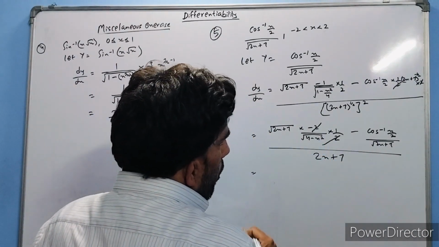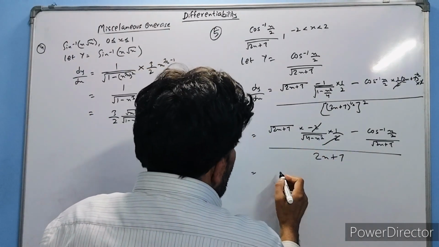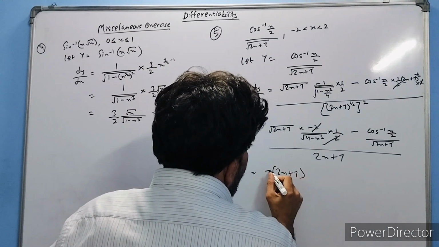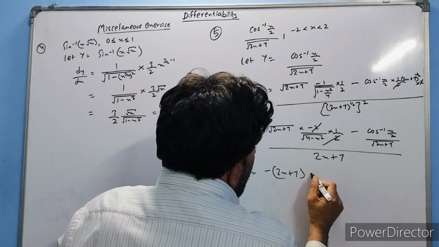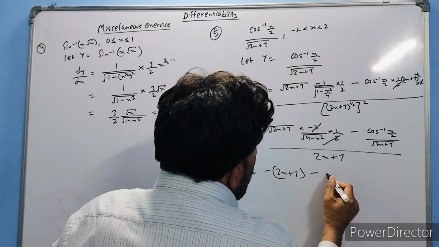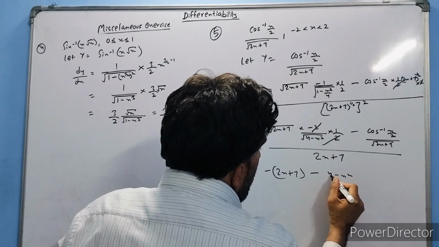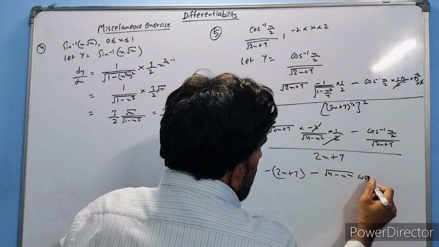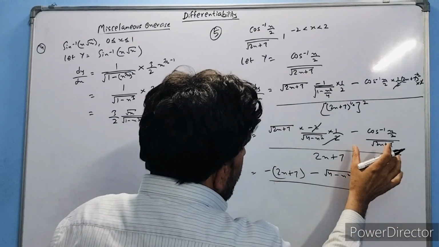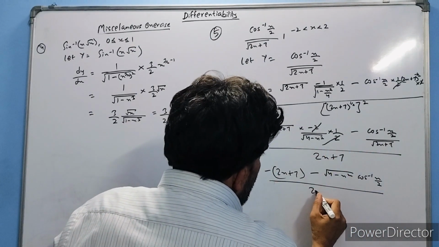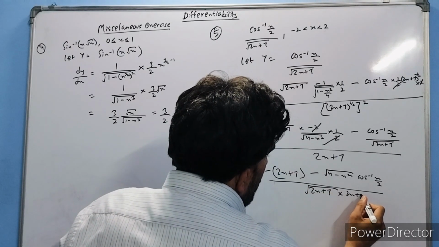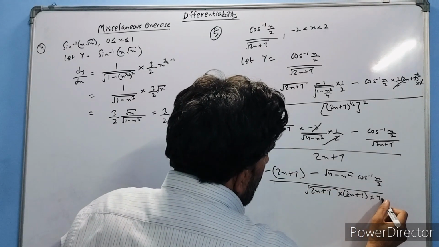If I take the LCM, I get 2x plus 7 minus 4 minus x square cos inverse x upon 2, upon under root 2x plus 7 into 2x plus 7 into 4 minus x square.